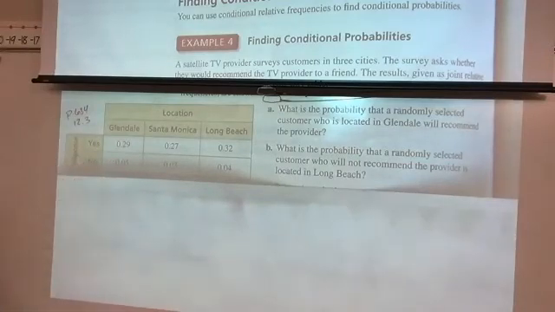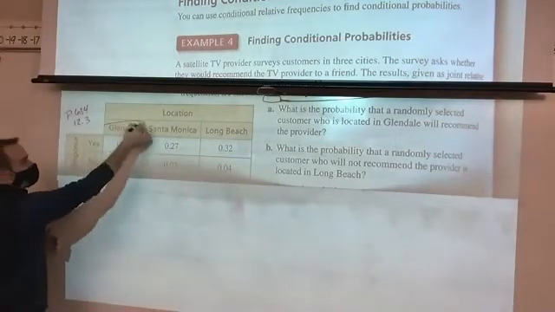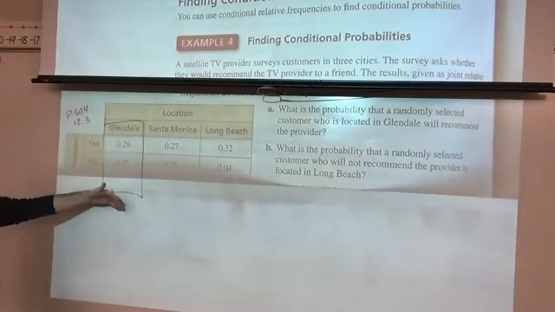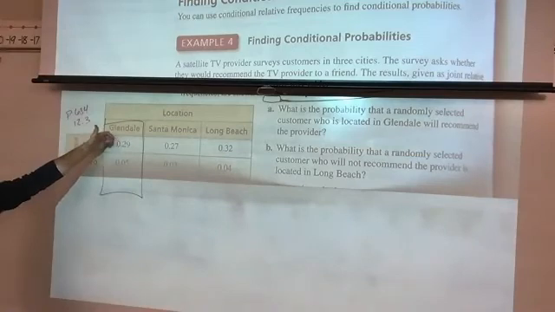So we've got two questions here, and we've got to pay attention to the wording, because that's going to change how we're dividing and what we're dividing by. A says, what's the probability that a randomly selected customer who is located in Glendale will recommend the provider? So we are only looking at Glendale for part A. We want to know the probability that of this total number of people, they will recommend the provider.